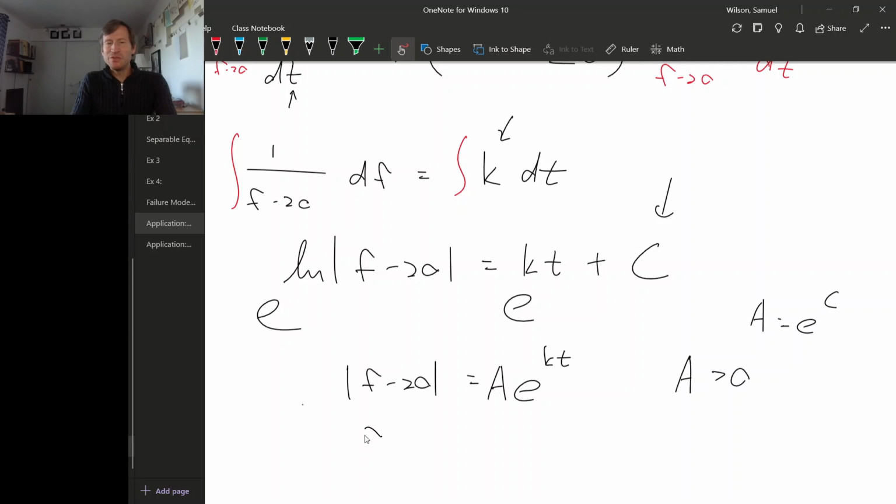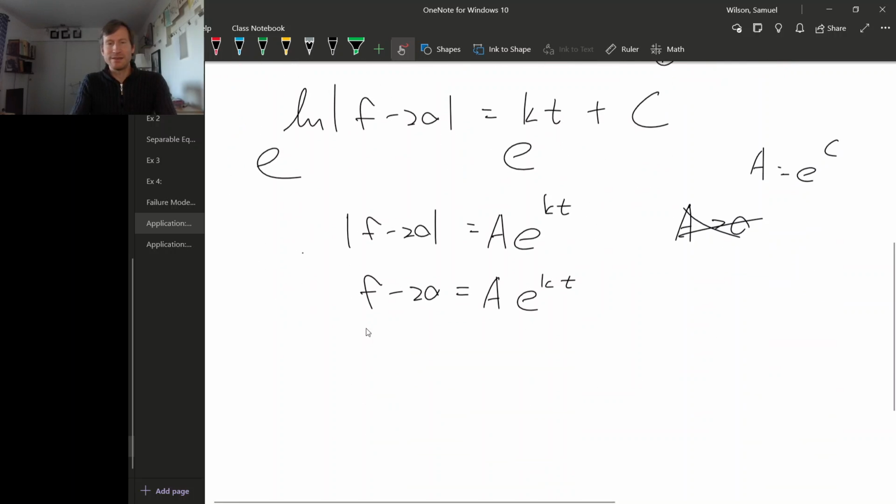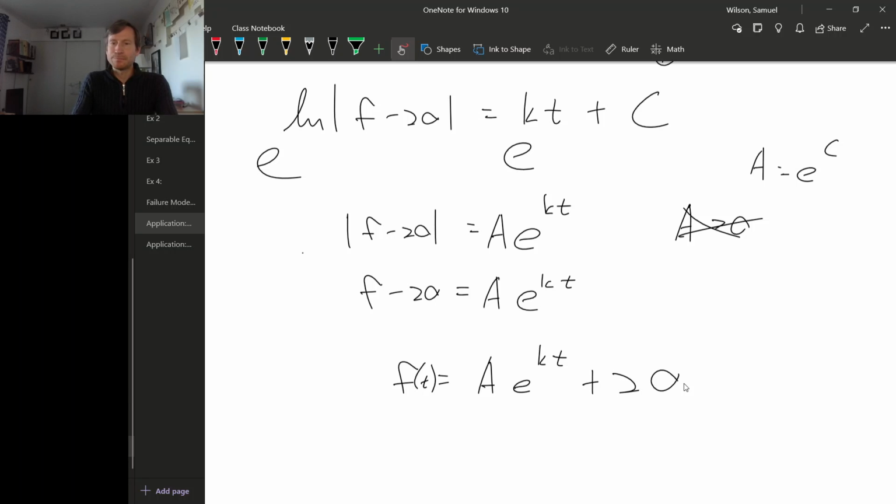But we can remove the absolute value at the expense of putting a plus or minus on the right-hand side, and then absorb that plus or minus into A and relax the restriction that A has to be positive. So we have A e to the kt, and then add 20 to both sides. Now we have a formula: f is A e to the kt plus 20.